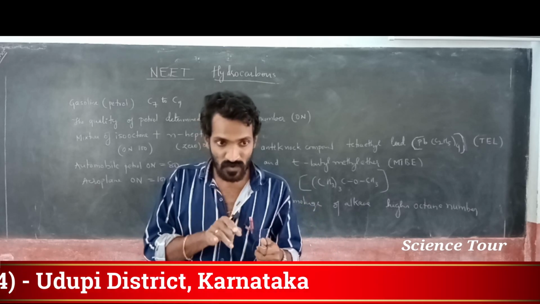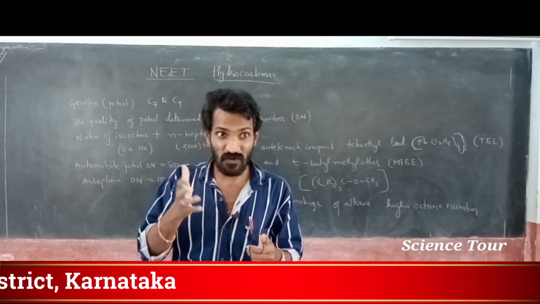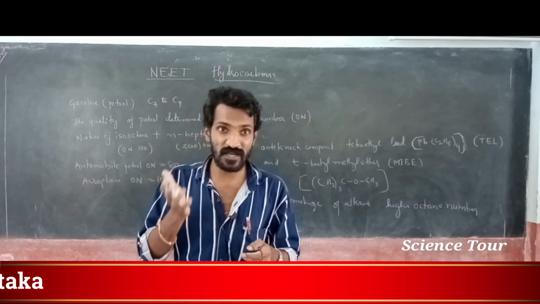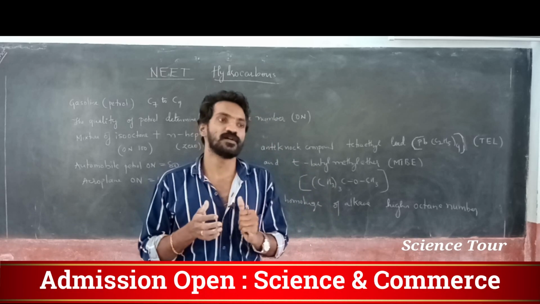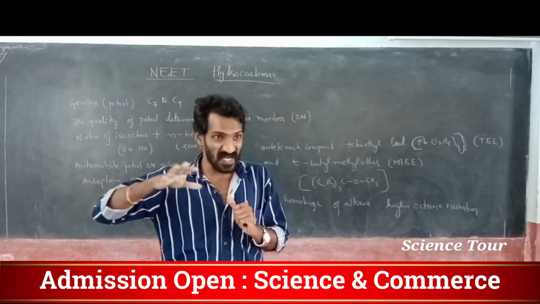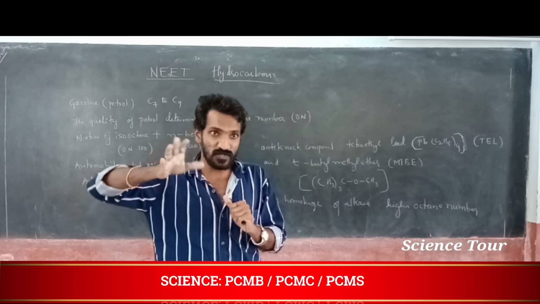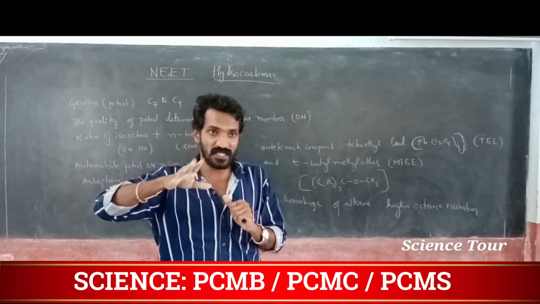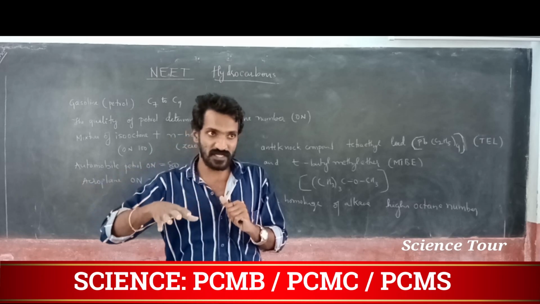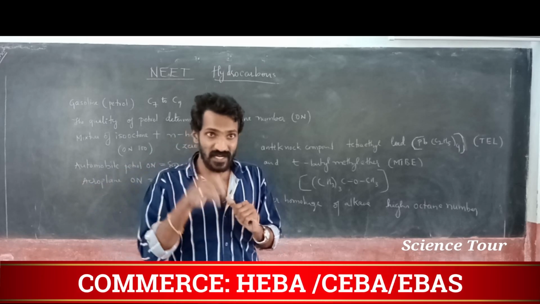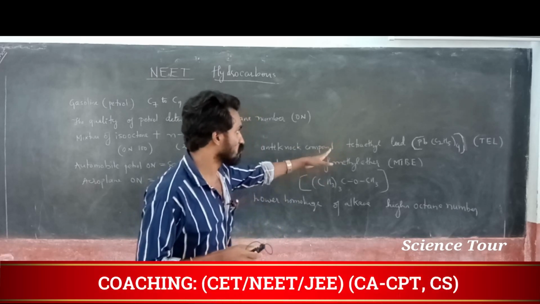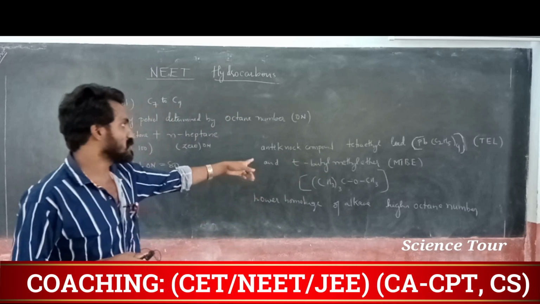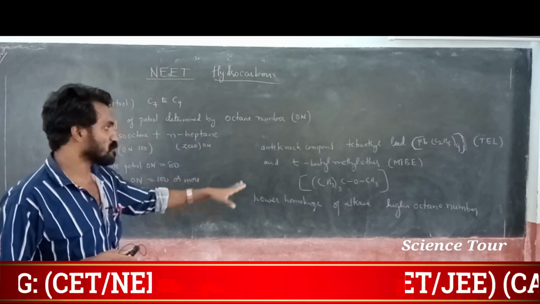To reduce the sound produced during combustion of the fuel and air inside the engine, anti-knocking compounds are used. Anti-knocking compounds are mainly alcohol, tetraethyl lead and tertiary butyl methyl ether. Note down, my dear students.